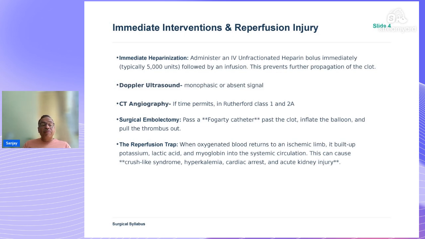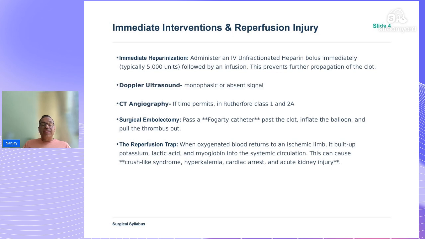If time permits, and time would permit only in Rutherford class 1 and 2A, then CT angiography may be performed. However, no time should be wasted for CT angiography if you feel that your patient is unstable or you're losing time unnecessarily. Similarly, CT angiography has no role in Rutherford class 2B and obviously in class 3.